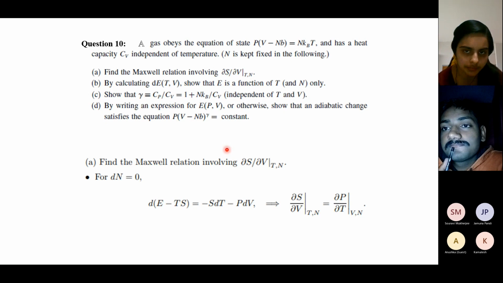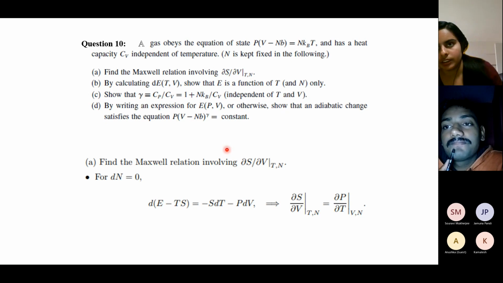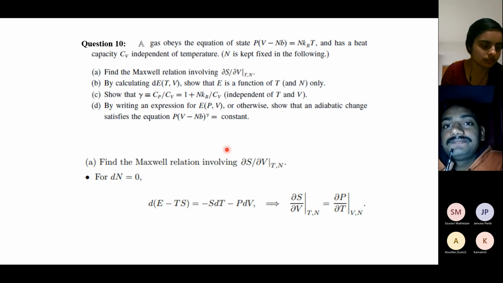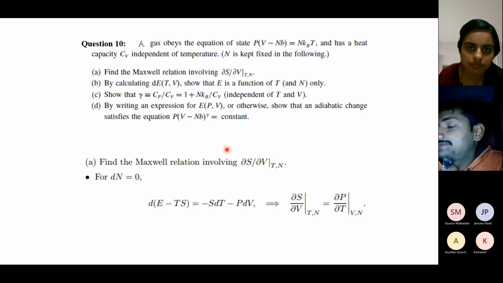So if you start with the first law, even there you have to somehow find an expression for del CV by del V. How do you do that? That's the question, and I can tell you that I have already discussed this in one of the slides before. So what is that?